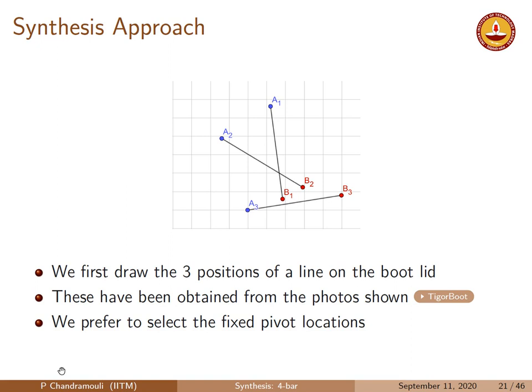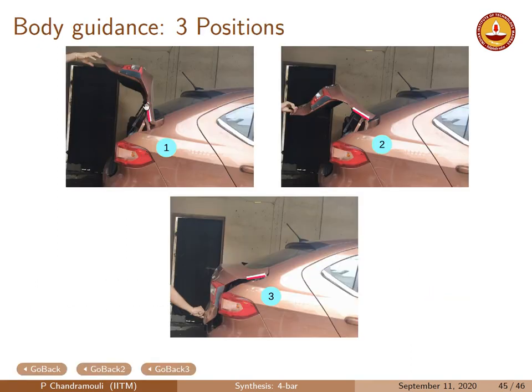A2, B2 is the intermediate position, and A3, B3 is the closed position, which is at that angle. So you can kind of feel that this is fully open and this is the closed position and this is an intermediate position. So our idea is basically to have a mechanism which will guide us from A1, B1 through A2, B2 to finally A3, B3. And these have been carefully extracted from the photos that I showed you. So remember the photos. So this is that, and over here the intermediate A2, B2, and of course A3, B3.